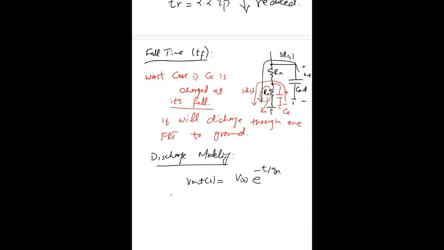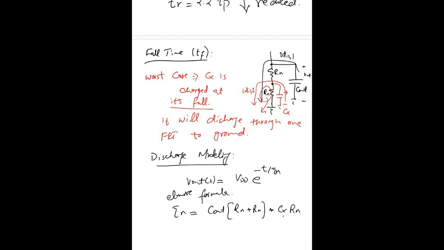And if we use the Uyemura formula, we can write it as tau N equal to C out Rn plus Rn, because we have two resistors in series, plus a capacitor Cx, and then that discharges through Rn.